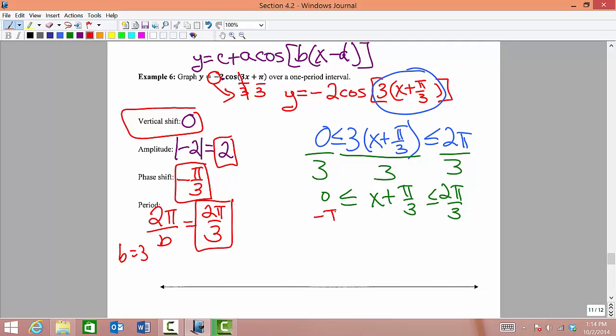Subtract pi over 3 from all 3 parts. Minus pi over 3 is where we will start our graph, and the graph will end at pi over 3.